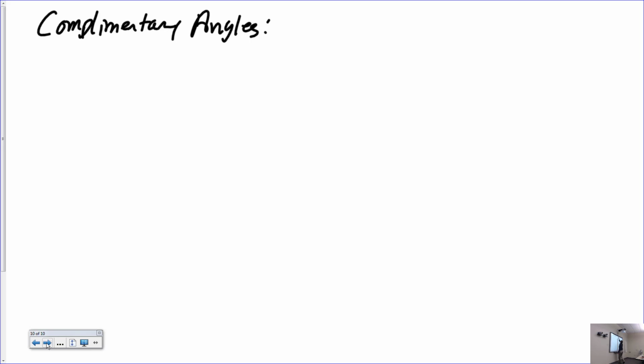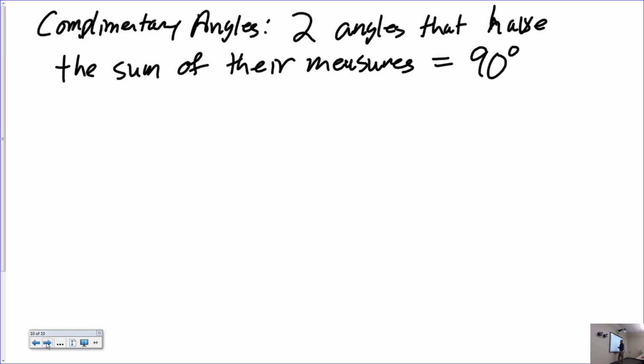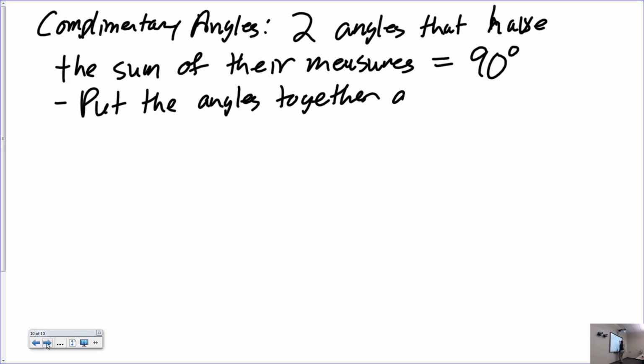This is just two angles that have the sum of their measures equal to 90 degrees. In other words, if you put the two angles together, they make a right angle.